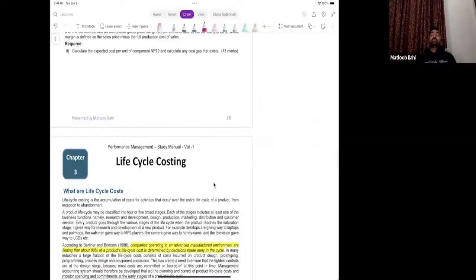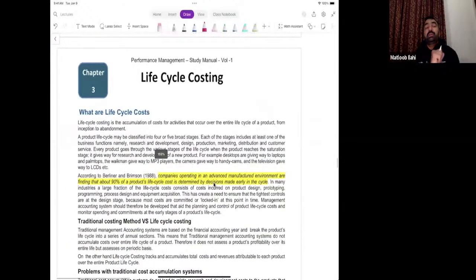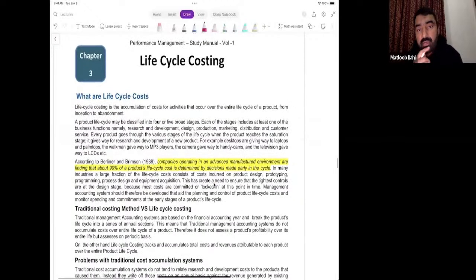So this is all about target costing. I hope you find it a very interesting chapter, looking at the product cost in a different way. Next, our new chapter, number 3, is about life cycle costing. You would be amazed that target costing and life cycle costing have a strong connection with each other.